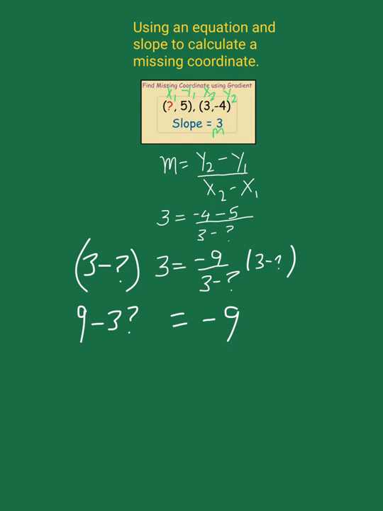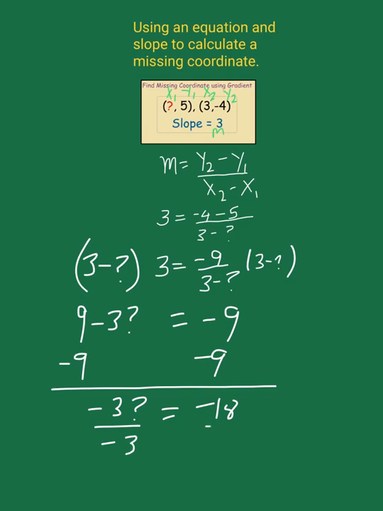I'm going to subtract 9 from both sides, and I get negative 3 question mark equals negative 18. Divide both sides by negative 3, and I get question mark equals 6.